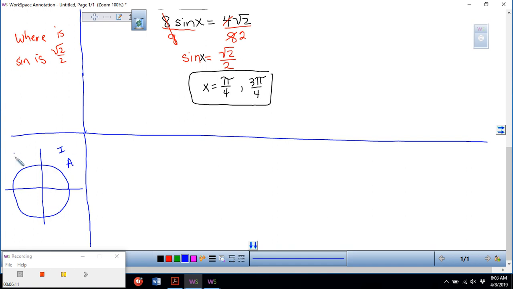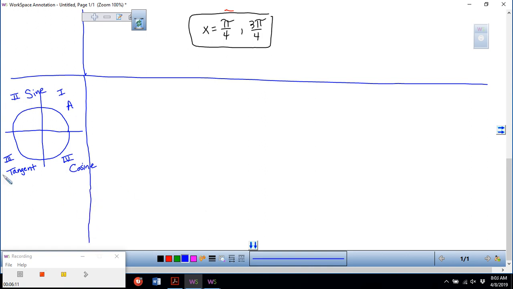In the second quadrant, sine is going to have positive values. And in the third quadrant, tangent will have positive values. And in the fourth quadrant, cosine will have positive values.